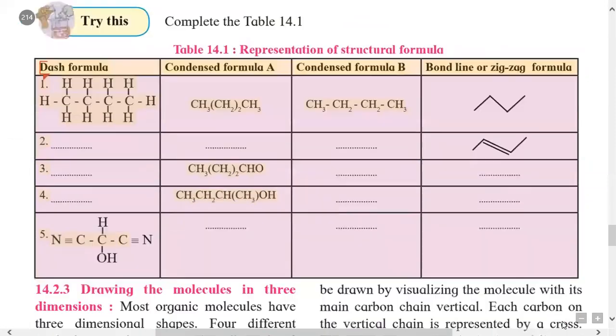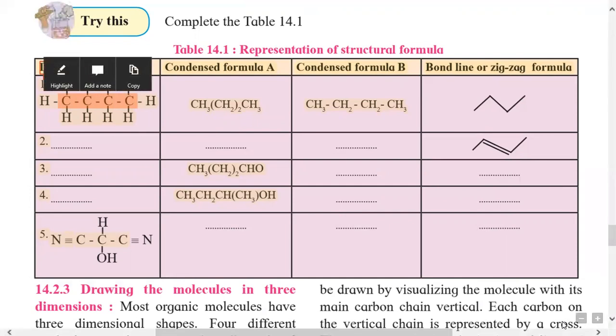In this table 14.1, there are some examples given, that is dash formula, condensed formula A type, condensed formula B type, and the bond line formula. Here it is CH3, CH2, CH2, CH3. It is a 4 carbon containing alkane called butane.